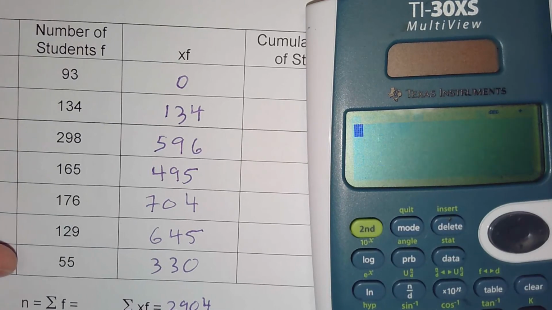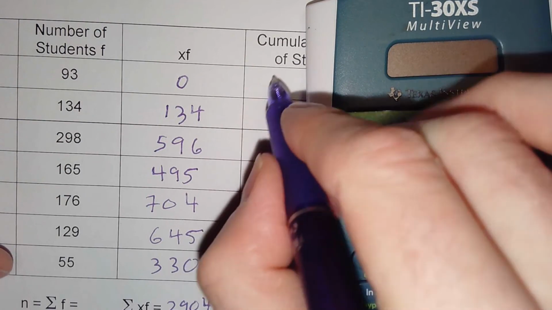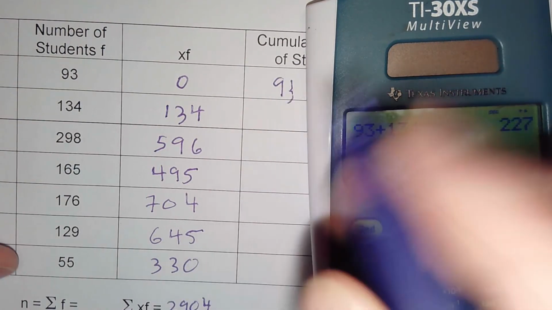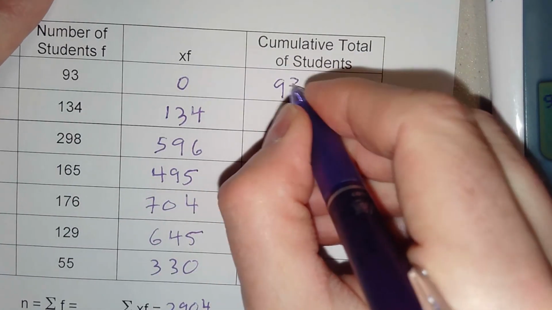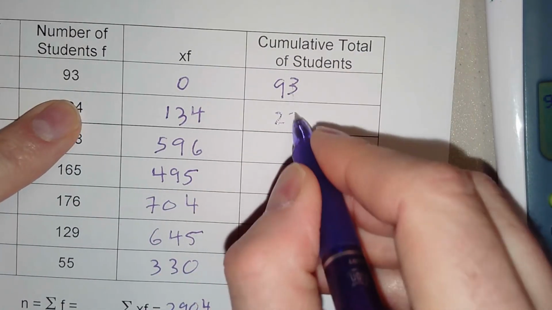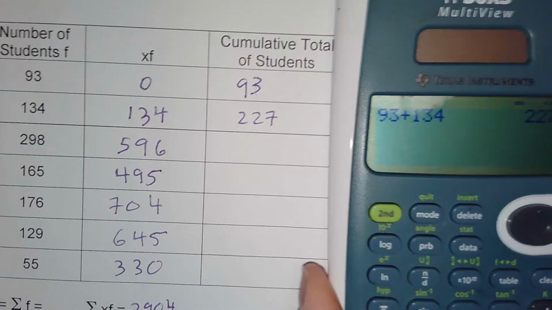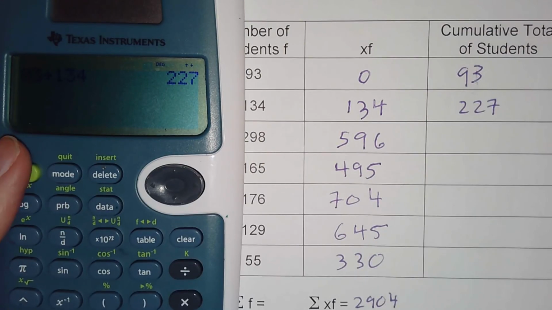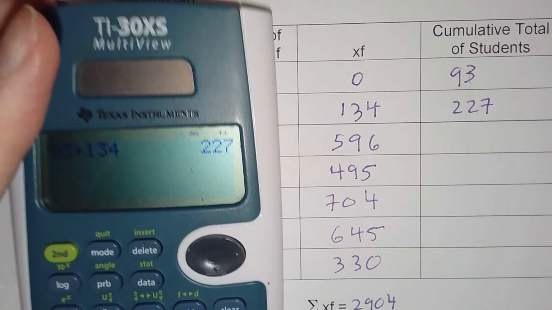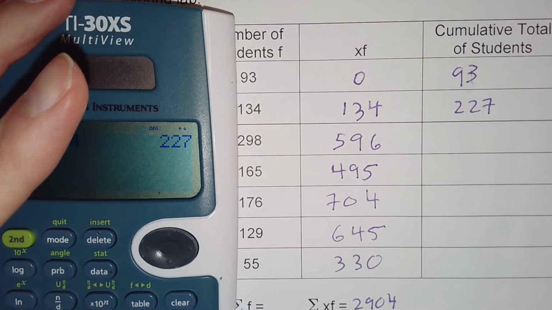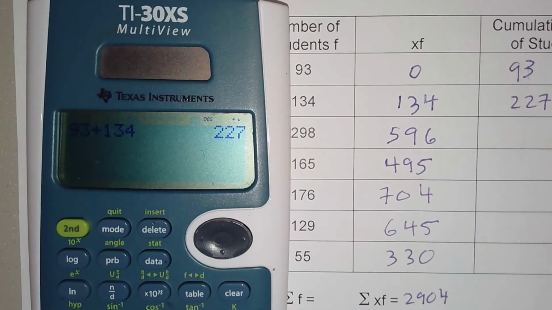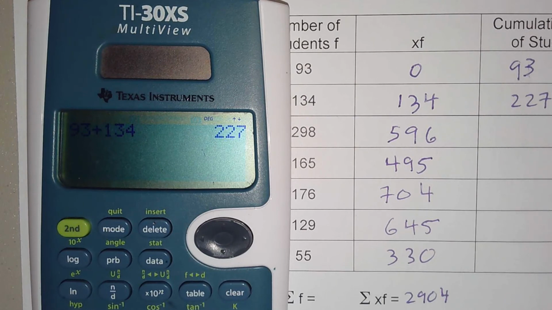So I'm doing 93 plus 134. So this was 93. Add 134, that's 227. Then I'm going to add 298.